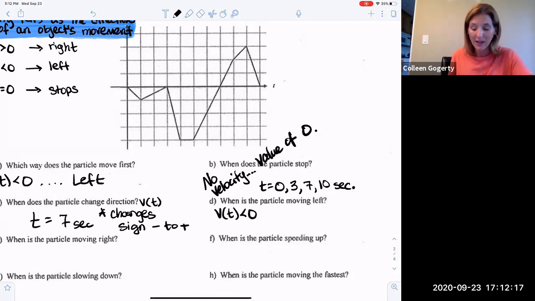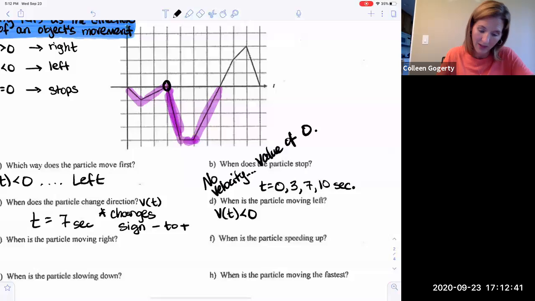So where are the outputs negative? You gotta be careful with this answer. Now, all of these would appear to be negative, but there's a few spots we've gotta be careful about. If you write down an answer of 0 to 7, then you've missed something. The particle is not always moving left.